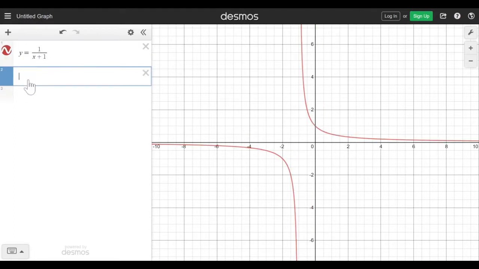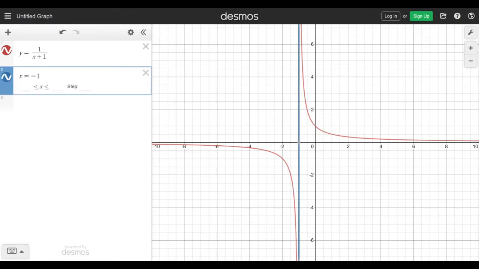So our answer for the vertical asymptote was x is equal to -1. So you can see the blue line here represents the asymptote, and this is a vertical line passing through the broken part of the graph. So that point actually is -1.